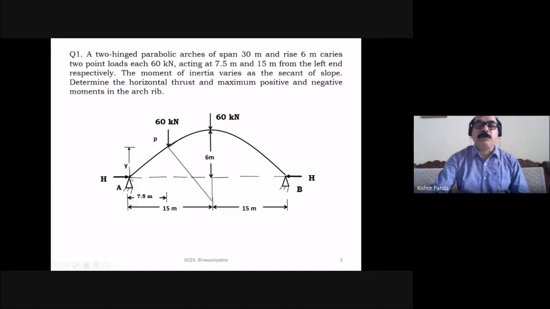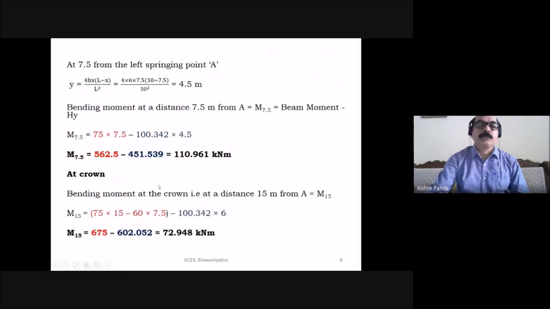So the beam moment is equal to VA into 15 minus 60 into 7.5, that is 75 into 15 minus 60 into 7.5. So this is the beam moment.